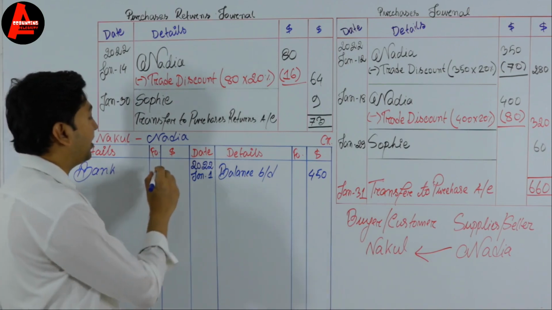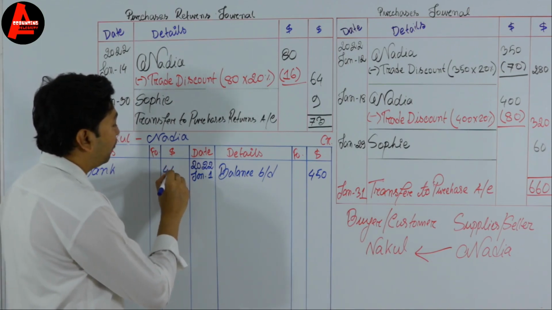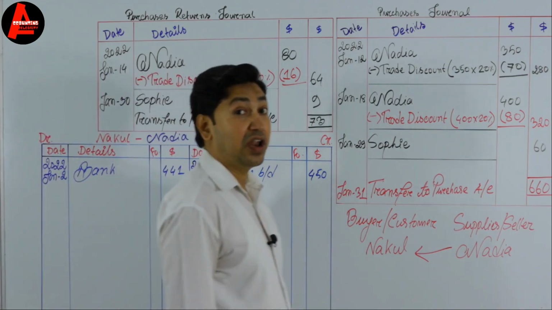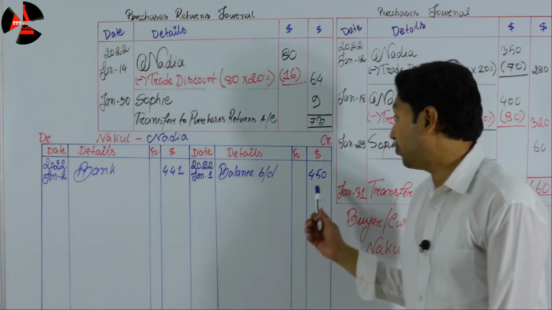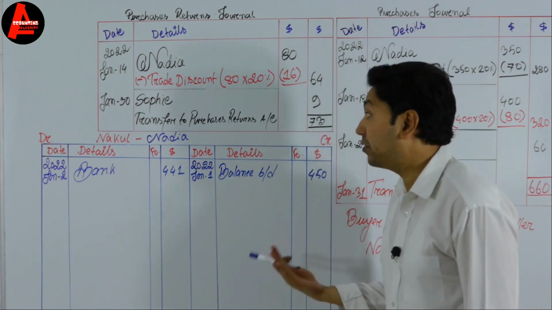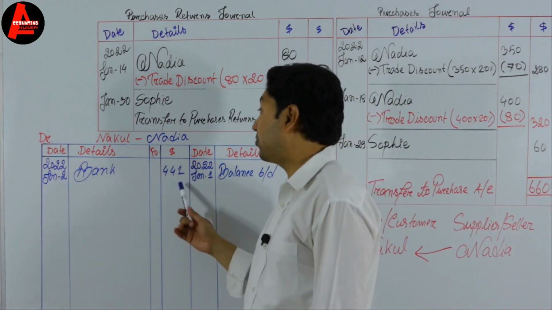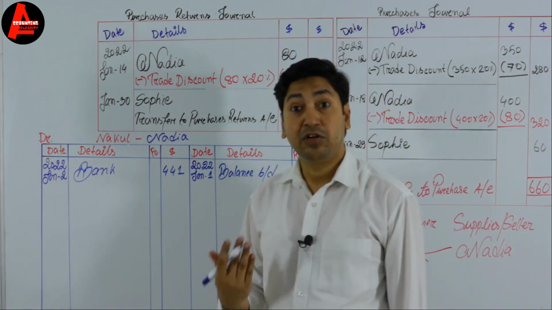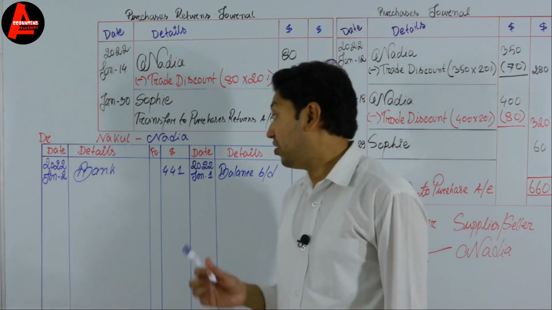By check, we paid $441. The total amount Nadia was owed was $450, and from this Nakul already paid $441 by check. The remaining amount is $9.